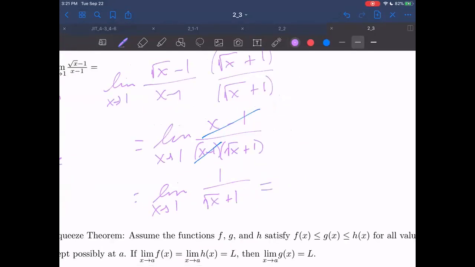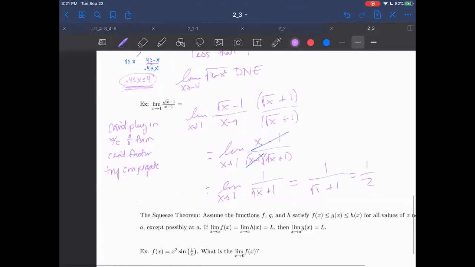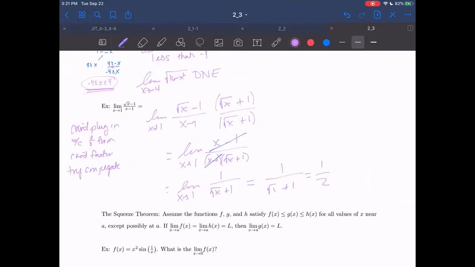So it's just 1 over root 1 plus 1, so 1/2. So you'll try to plug it in if you can. If you can't, because it's 0 over 0 form, then try factoring or conjugate, depending on what the equation itself looks like. And then our last thing we're going to talk about is the squeeze theorem.